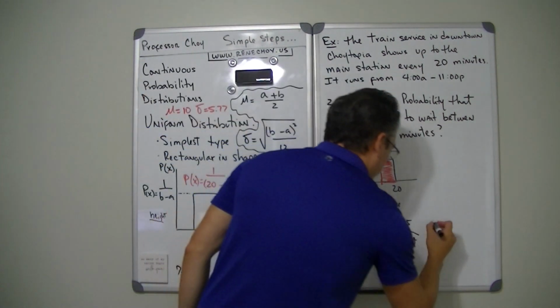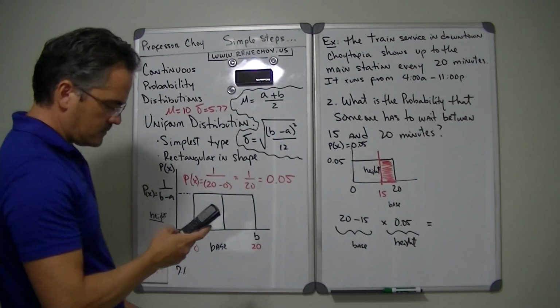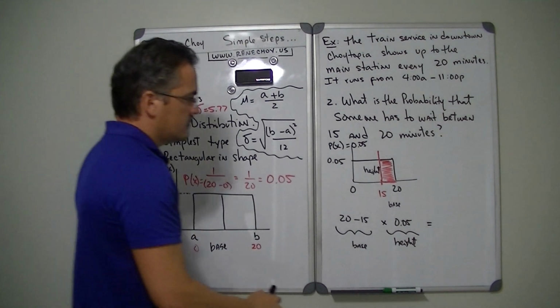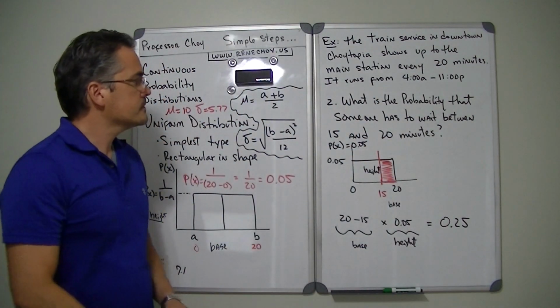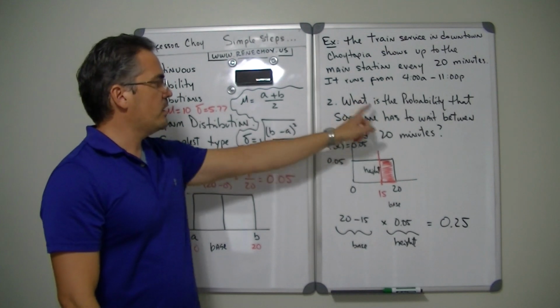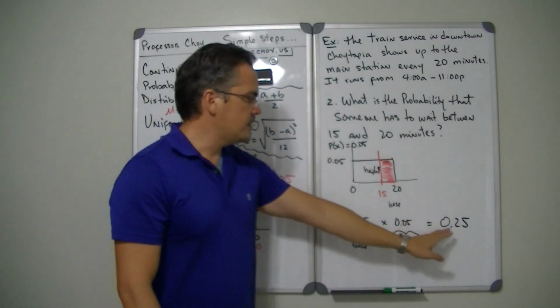So the answer to that should be 0.25. Alright? So the probability that someone has to wait between 15 and 20 minutes is 0.25.